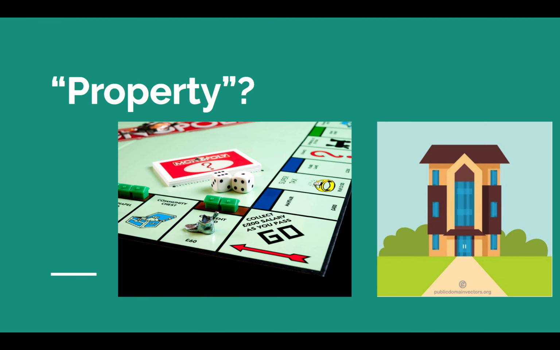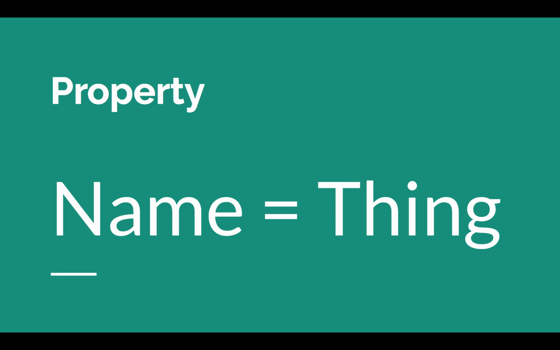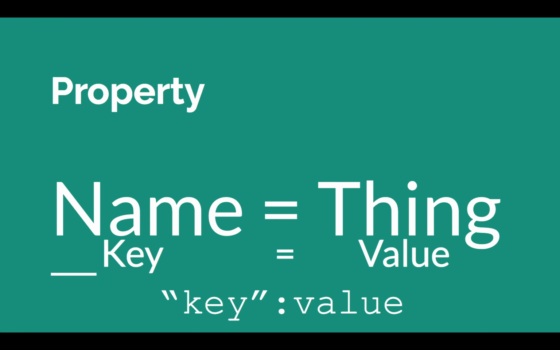Well, what's a property? Is it something on a Monopoly board? Is it something that you pay a mortgage for? No. A property is a way to store information in the format name equals thing. The fancy technical term for this is key equals value, and the real way it's written is like this.